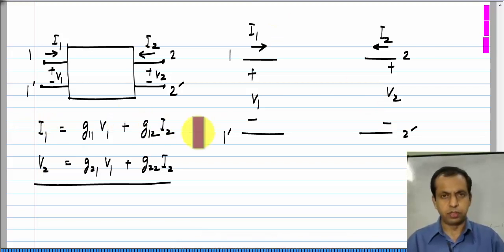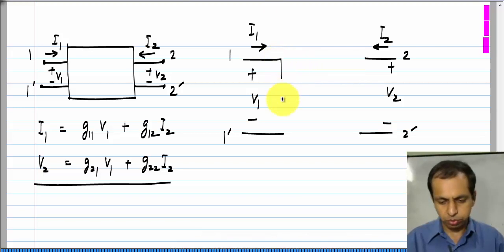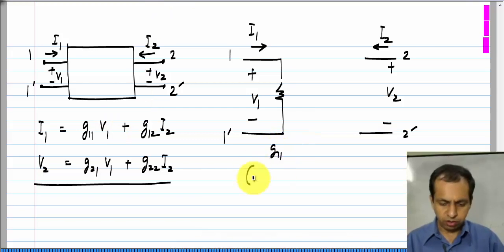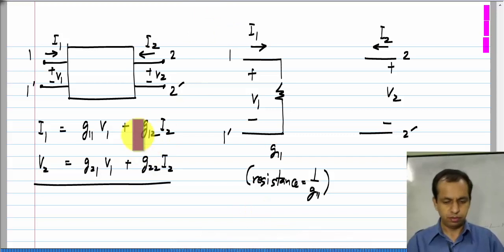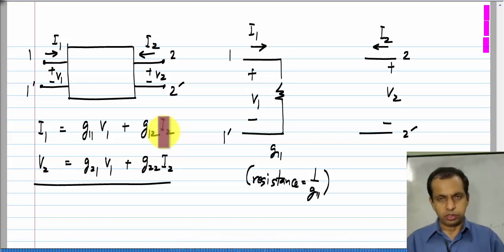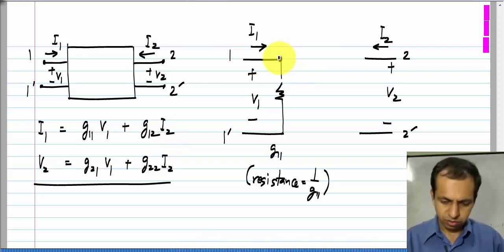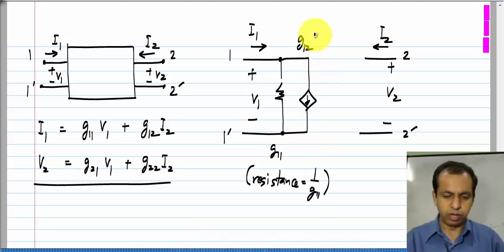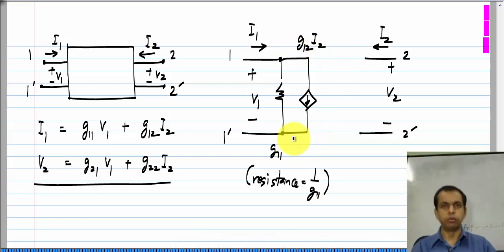So, the first one is a current. So, we have sum of two branches G 11 V 1, that represents a conductance of G 11 or a resistance of 1 by G 11. The second one gives the dependence of I 1 on I 2. So, this is a current controlled current source whose gain is G 12 or whose value is G 12 times I 2.